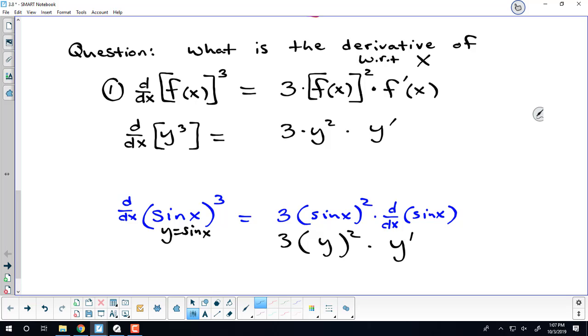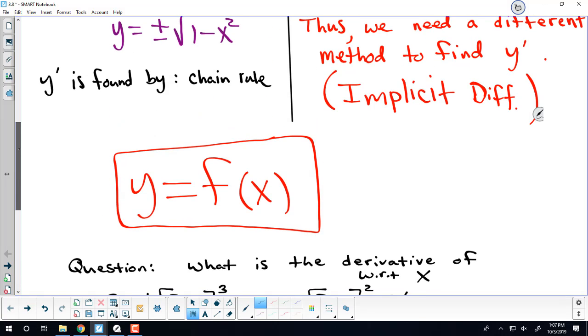And the second one, y cubed, wouldn't it be the derivative with respect to y? No, we're still taking the derivative with respect to x because y is a function of x. It totally changes the game if we say take the derivative with respect to y of y cubed. What's the derivative with respect to y of y cubed?